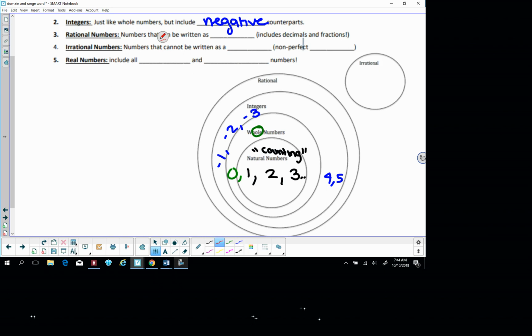It's a circle like this because it includes everything inside, but it also includes decimals and fractions, like 1/2, -2/3, -0.25, and terminating decimals. Remember, terminating means they end. It also could be perfect squares, so square root of 16. And so rational numbers can be written as a fraction, including decimals.